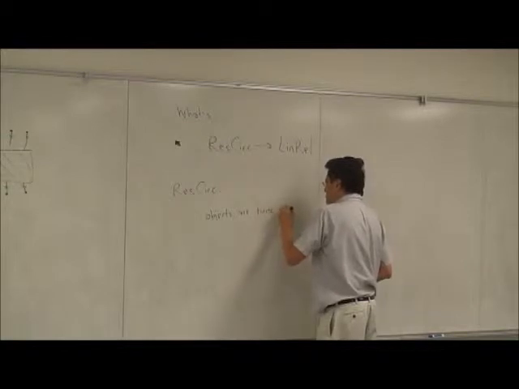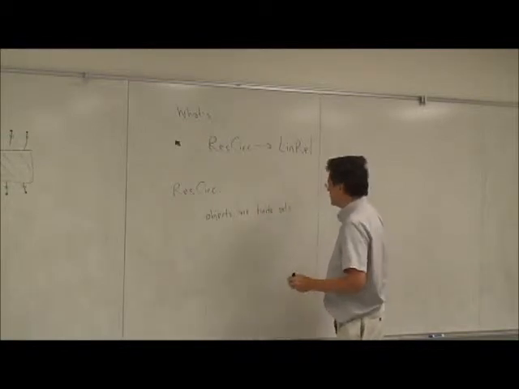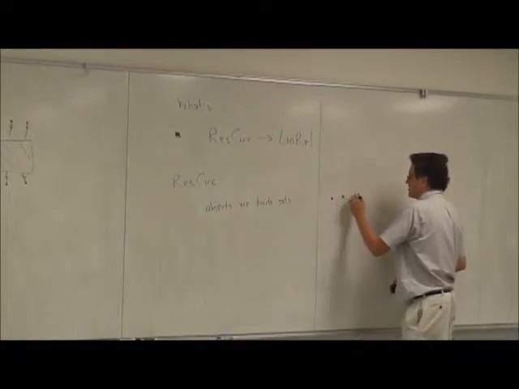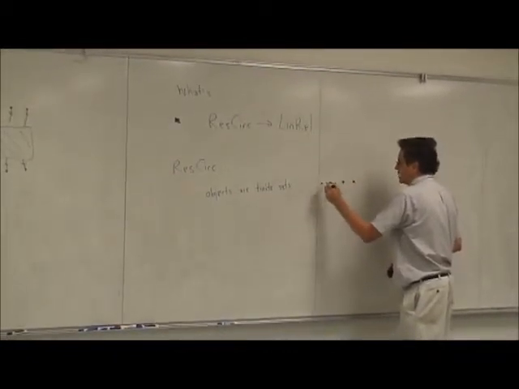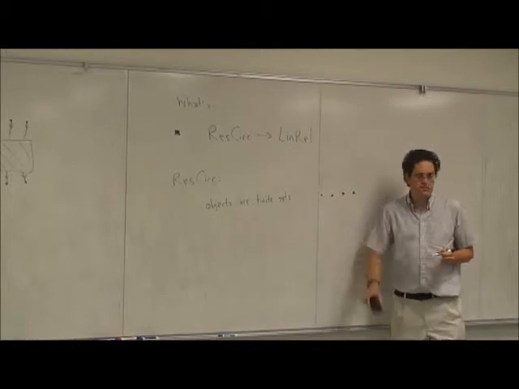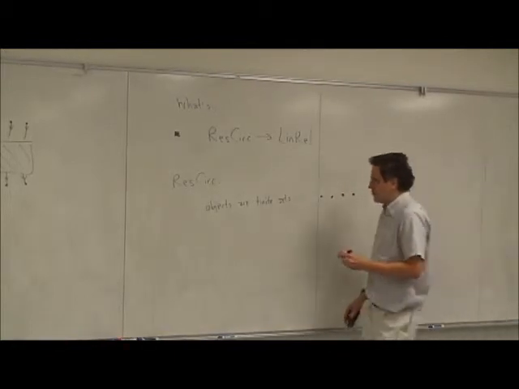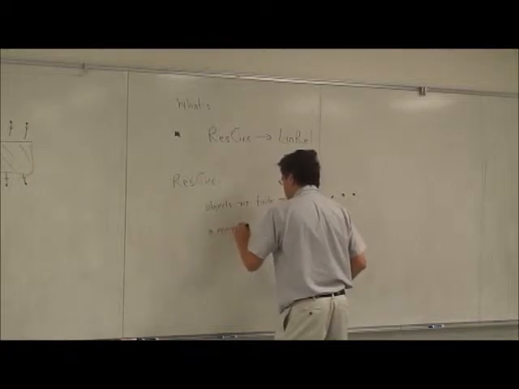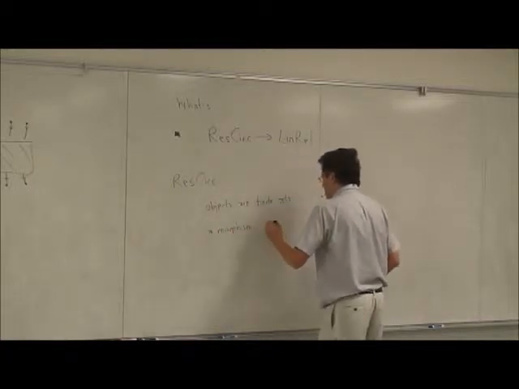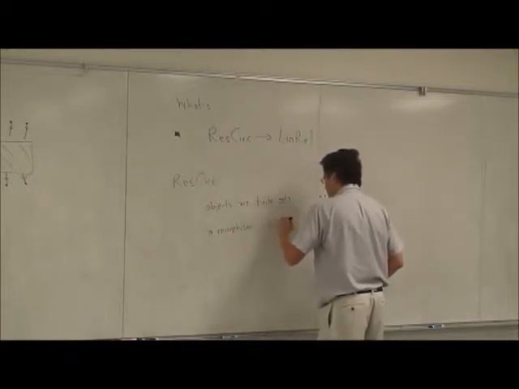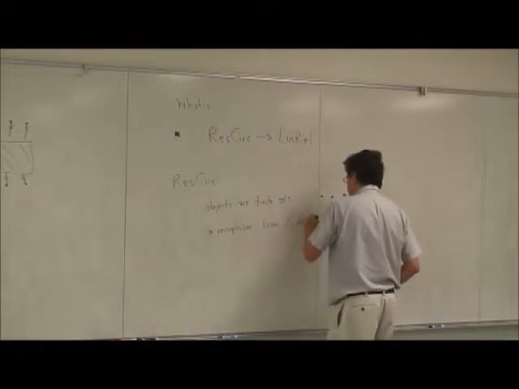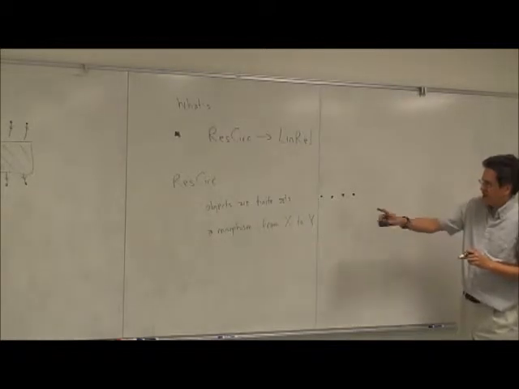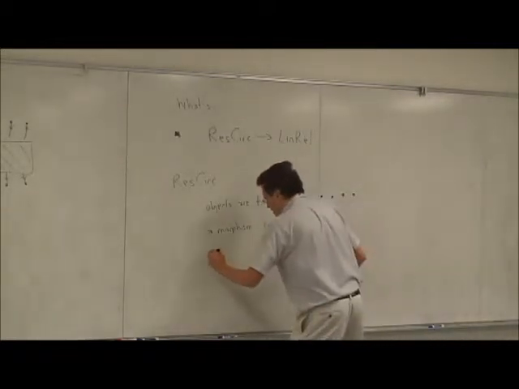So you think of an object in rescirc as a finite set of dots, which will become the dots in the previous picture, and then a morphism from some finite set X to some finite set Y, I'm just changing my notation here slightly on purpose, is an electrical circuit.